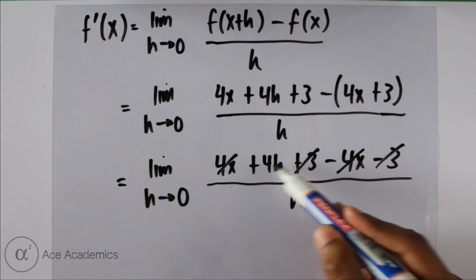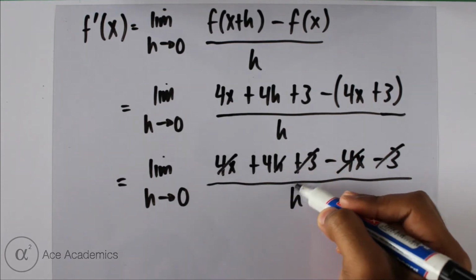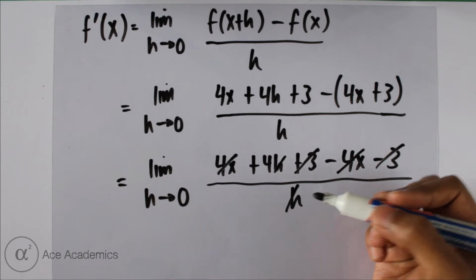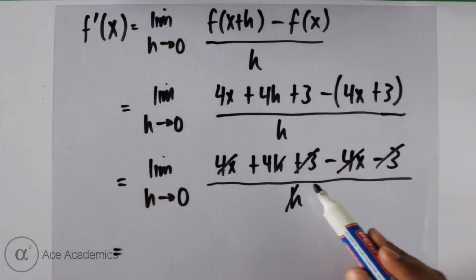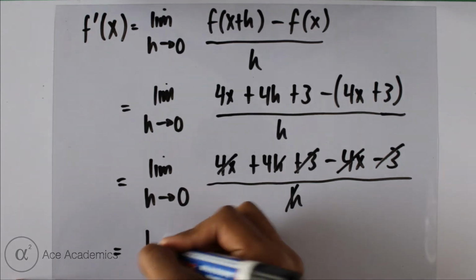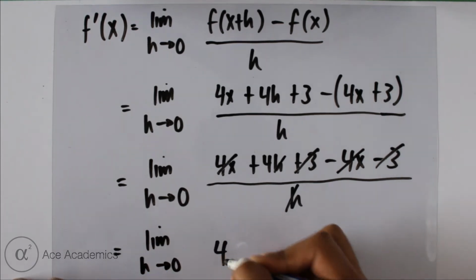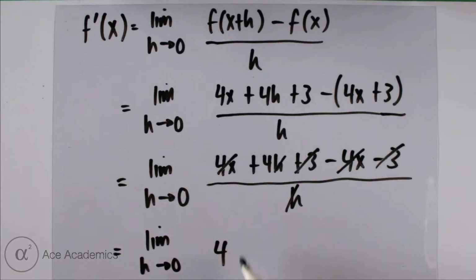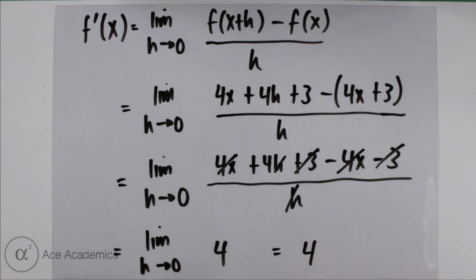So we're just left with 4h all over h. And now we can cancel out the h's. Then in the next step, we're just left with 4. And if we substitute h equals 0 in 4, so it's the limit as h tends to 0 of 4, and since there's no h in this, that means that our final answer is just 4.